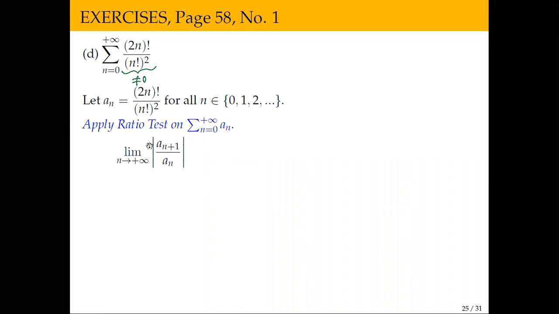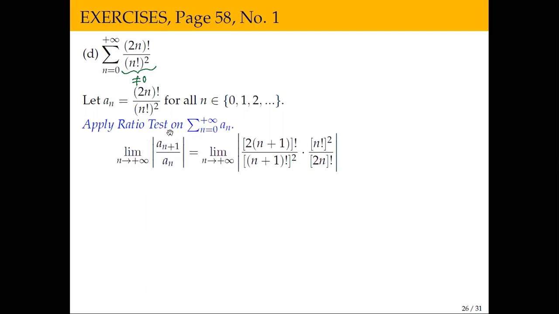Applying the ratio test, we have to look for the limit of this one. Again, if this limit turned out to be greater than 1 or is equal to positive infinity, then this infinite series diverges. If this limit is less than 1, then we say that this infinite series converges.